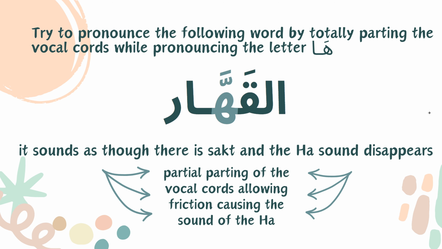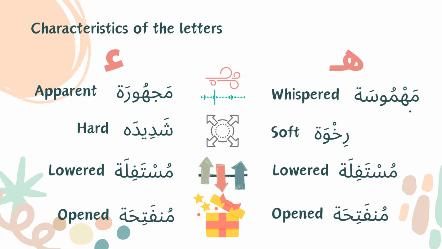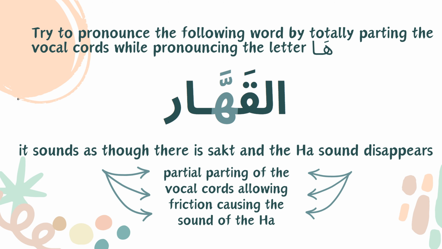Therefore, we emphasize that the letter ha is pronounced by the partial parting of the vocal cords, so that friction occurs between the air and the vocal cords. So there is a flow of sound caused by the friction of the two vocal cords.